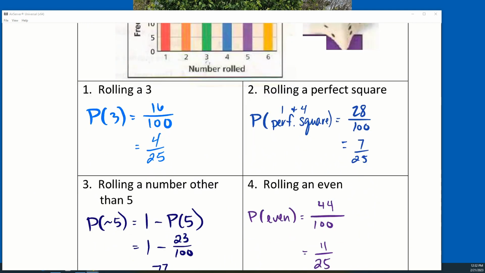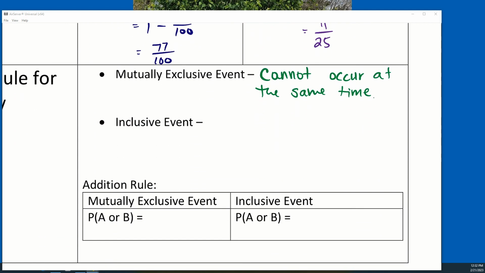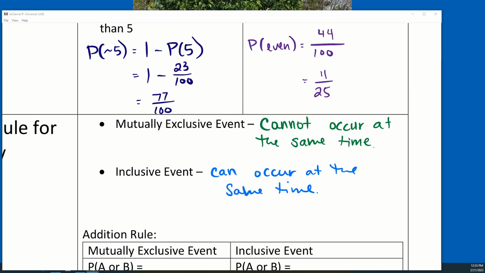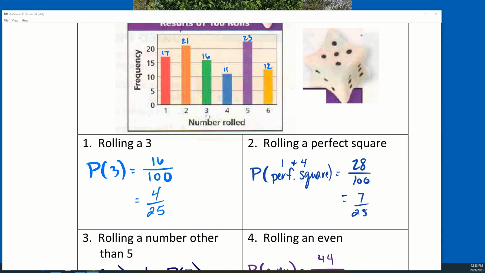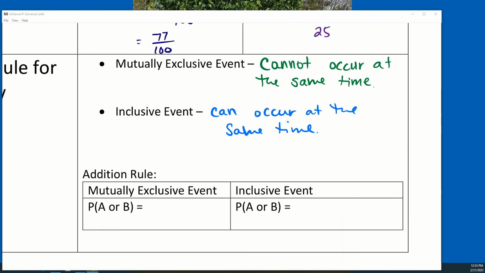So that's considered mutually exclusive. And then inclusive events can occur at the same time. Right, and then that would be like the probability of rolling a 2 or an even. You can get a 2 and an even, so they can occur at the same time.